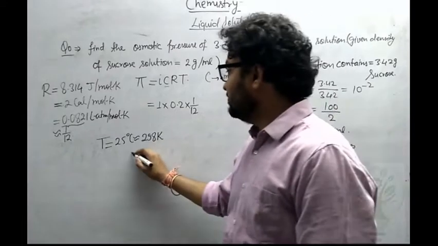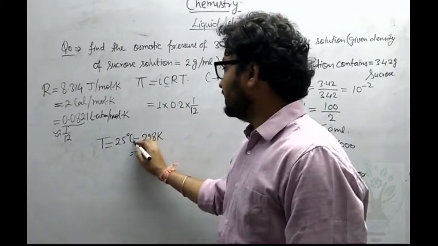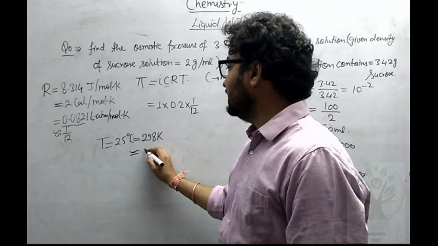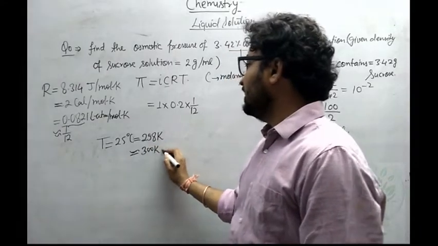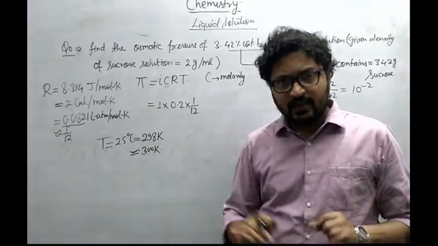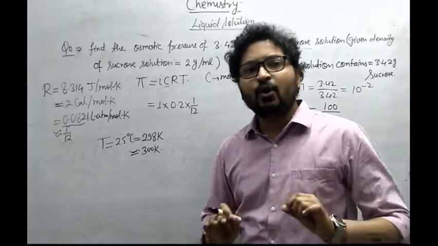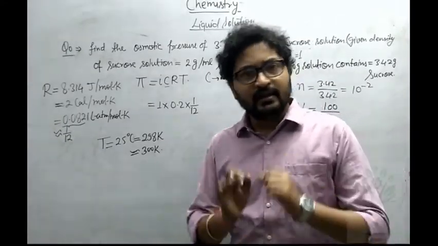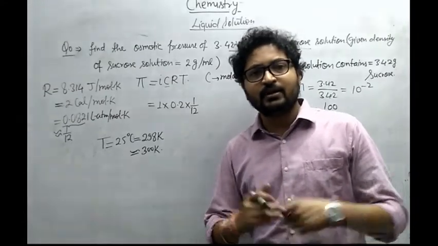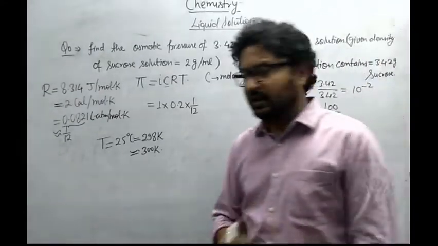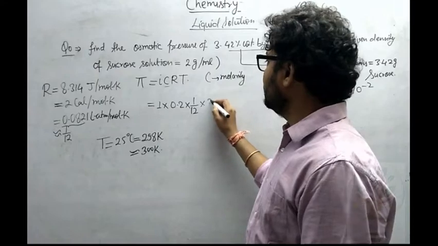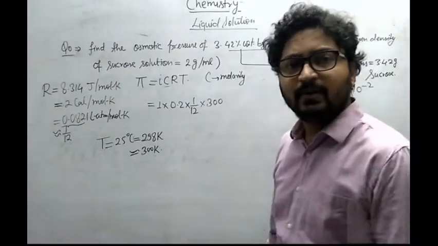But for calculation purposes, we can take it as 300 Kelvin. Check the options. If options are very close, then don't take the approximation. If options are quite far apart, then only take this approximation and take 298 Kelvin as 300. You can see by yourself that the calculation becomes very easy now.